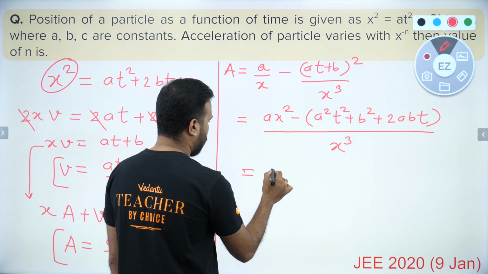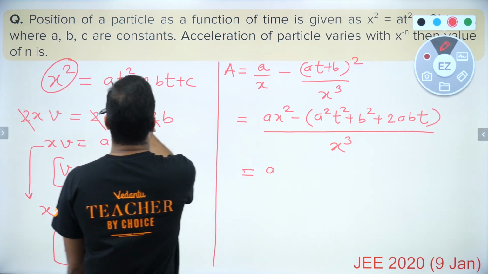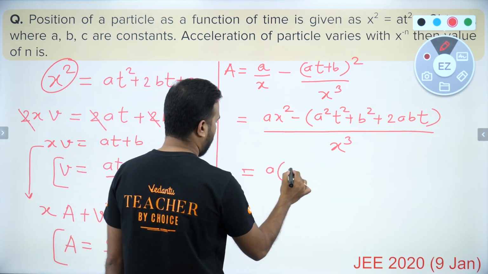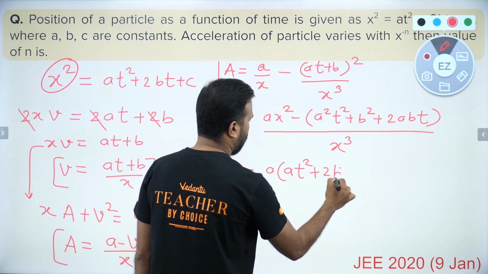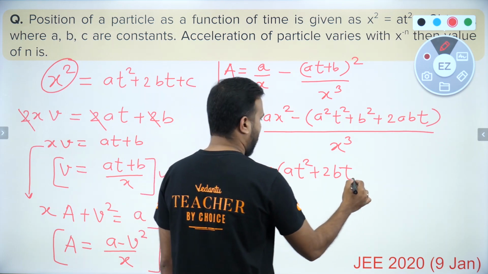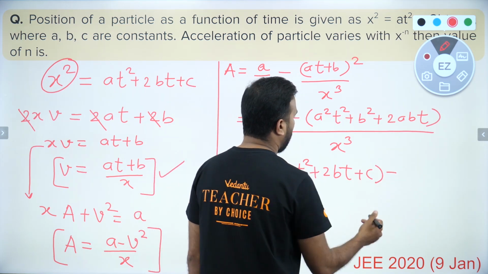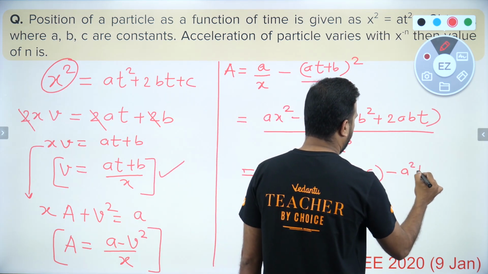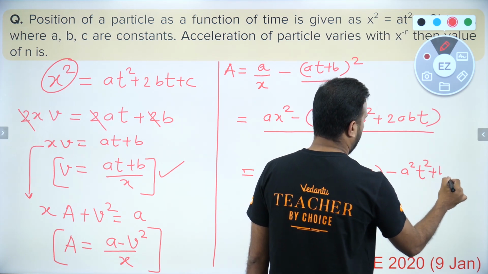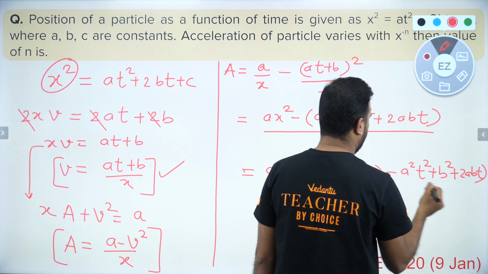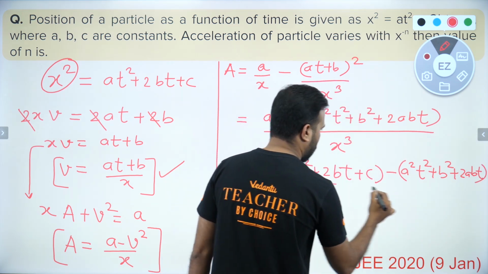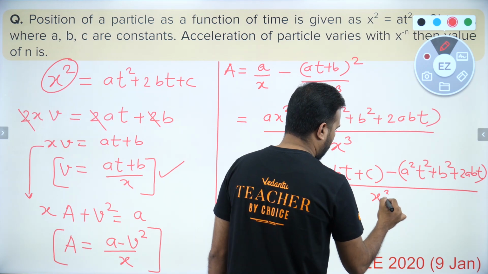Let's do that. So if it is a multiplied with this term, it will be a t square plus 2bt plus c minus a square t square plus b square plus 2abt, that's in bracket. This whole thing is divided by x cube.